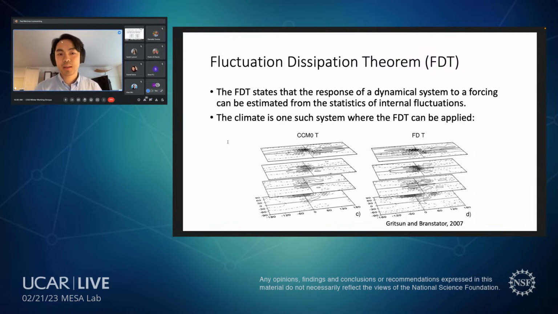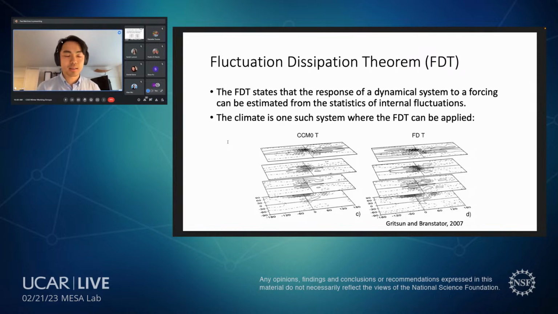So the fluctuation dissipation theorem is a theorem that comes out of statistical mechanics. And put simply, it states that the response of certain dynamical systems can be estimated using the statistics of the internal fluctuations of the system. And it's been hypothesized that the climate is one such system where the FDT can be applied.